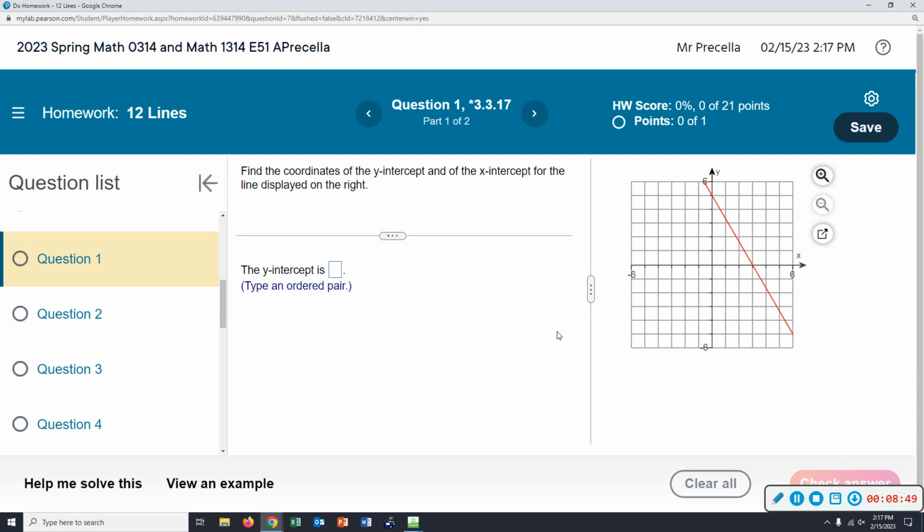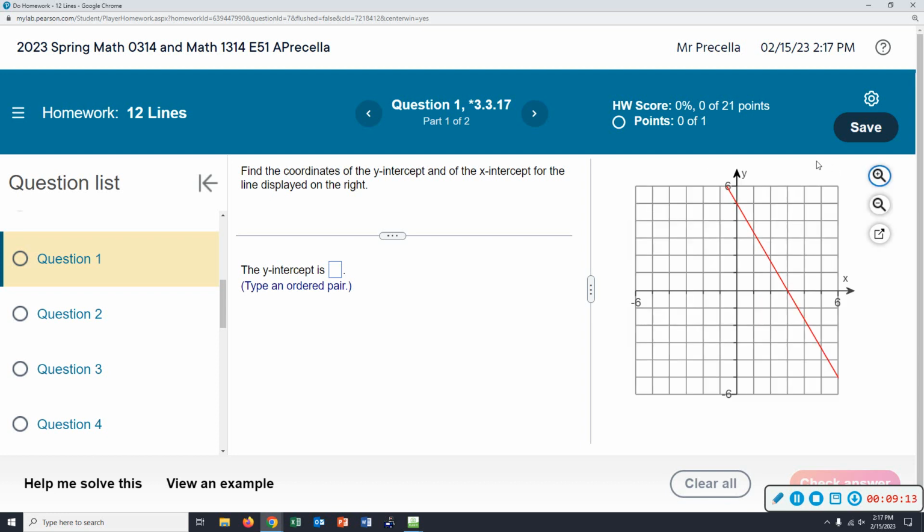Okay, find the coordinates of the y-intercept and the x-intercept for the line displayed on the right. This is one of those problems that I think we can do without actually showing any work. I'm going to pop out this graph. They want the y-intercept.